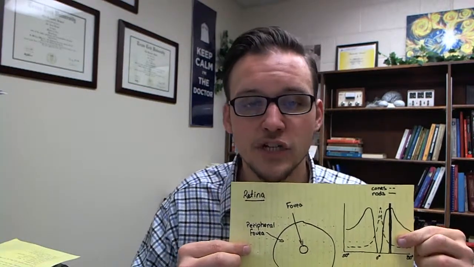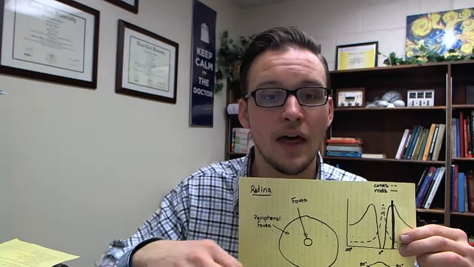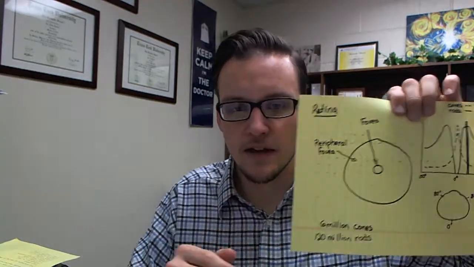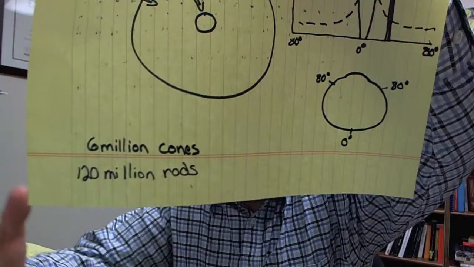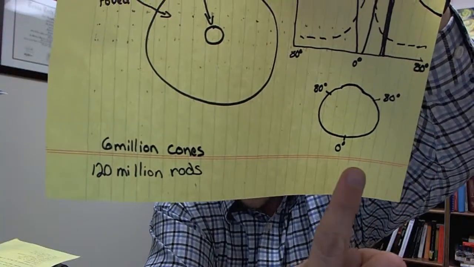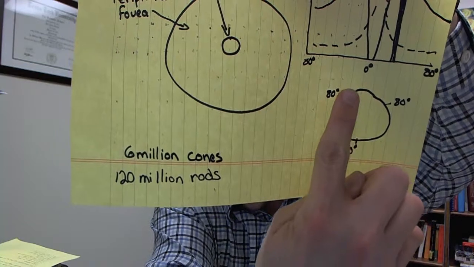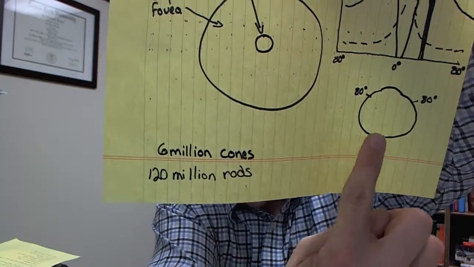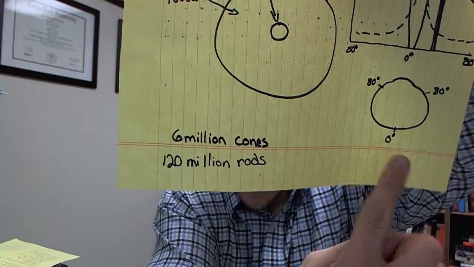This is a chart that shows you the distribution of the cones and rods across the eye. Here's your cornea, and here's the back of your eye. So 0 degrees is right behind the pupil.